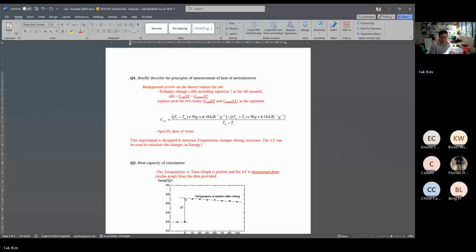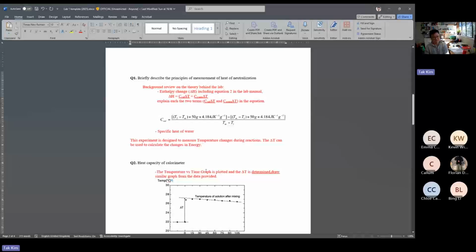And if you want to talk about measuring the heat capacity of the calorimeter, you can include that as a calibration, because the temperature changes you measure through your thermometer don't capture all the energy produced from the reaction, right?